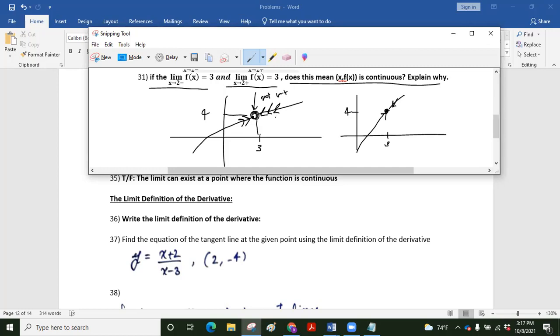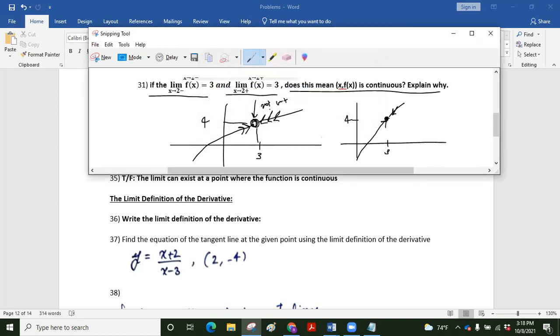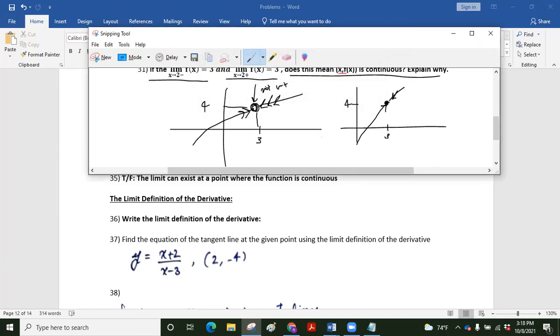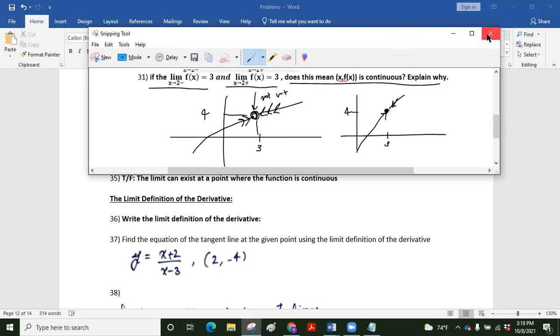You could have a point where there's an open hole and the limit exists there, and the limit from the left and the right are both the same. So the overall limit exists, but you don't necessarily have to have it be continuous. So that's the explanation behind this one: not in all cases does this mean that it must be continuous.